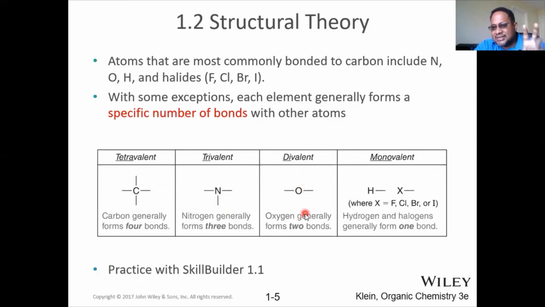Oxygen is always divalent, attached to 2 other atoms, whereas the halogens, like fluorine, chlorine, and bromine, are monovalent. They're always connected to 1 other atom in order to satisfy their valency, to have a full octet. Remember that.